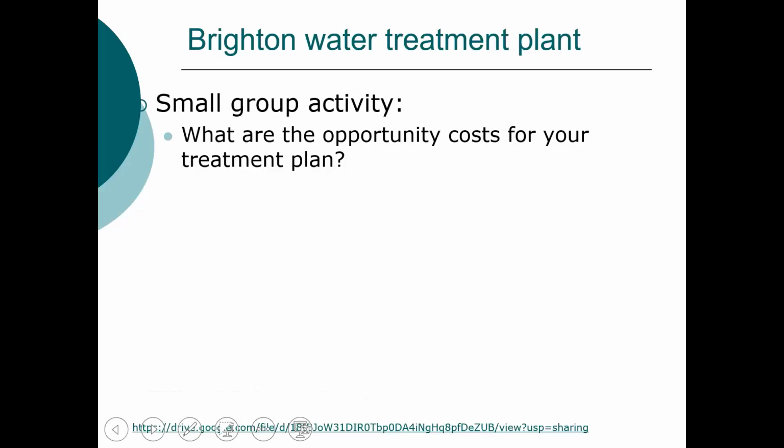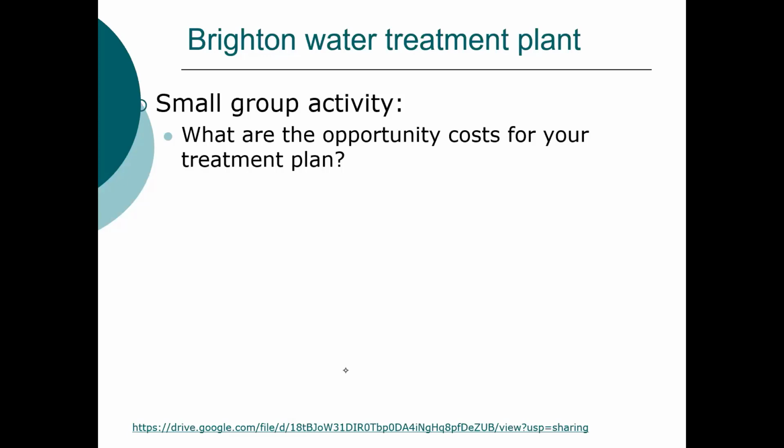So I'm going to put you back into breakout groups. I'm not quite sure whether Zoom will put you in the same breakout groups or not, but you've got the link. That won't change. I'm going to set this up for about 10 minutes. So what I'd like you to do is think about this again in terms of Brighton.